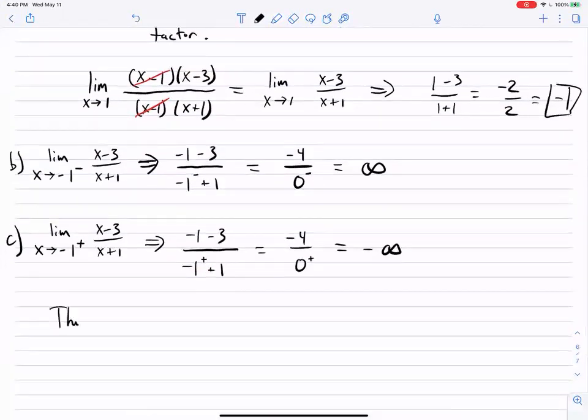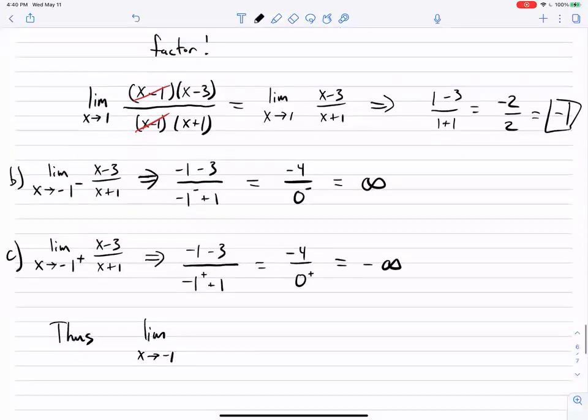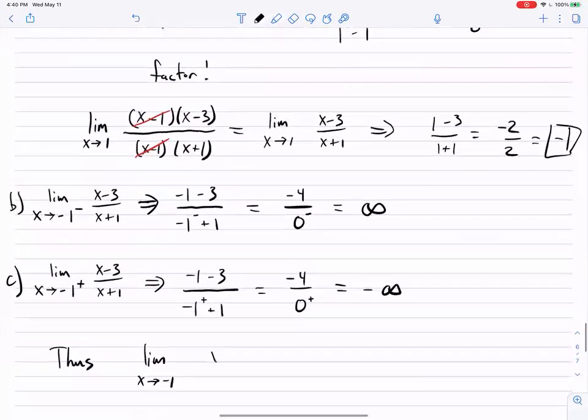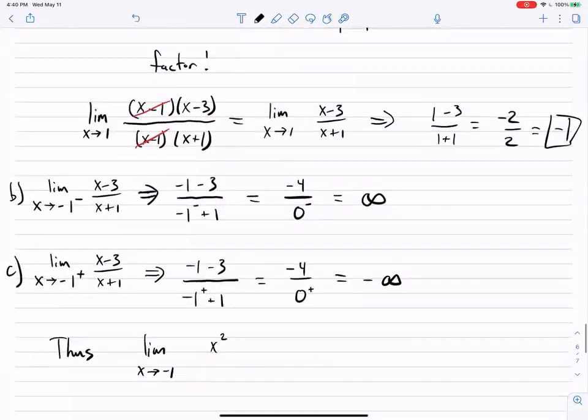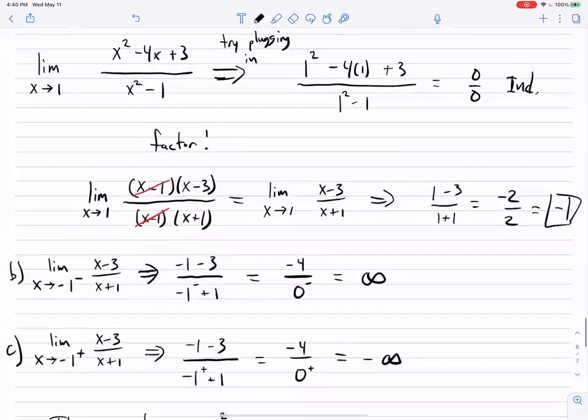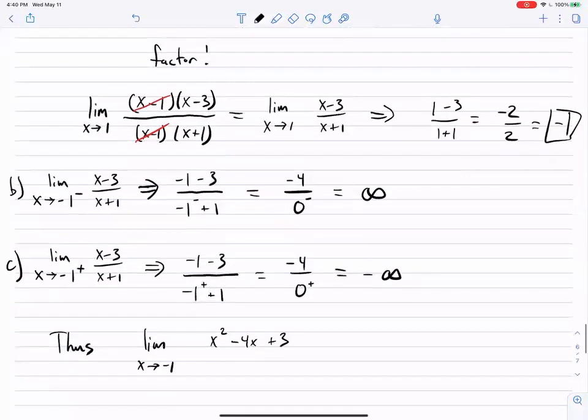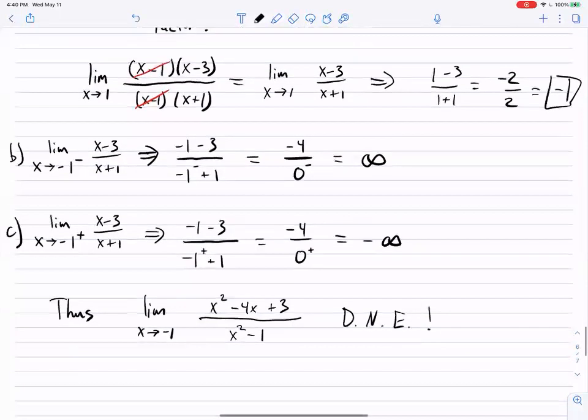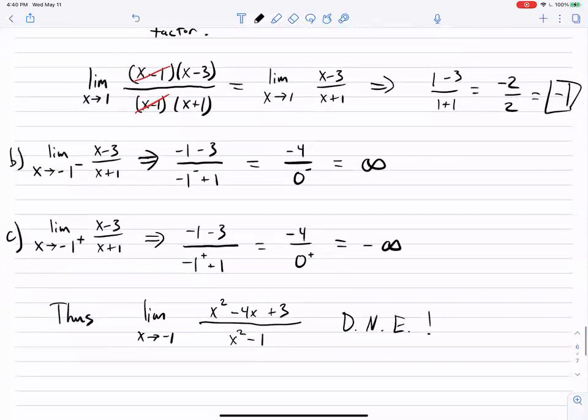So thus, the limit as x approaches -1 of the original function, x squared minus 4x plus 3 over x squared minus 1, does not exist, because the two one-sided limits were different.